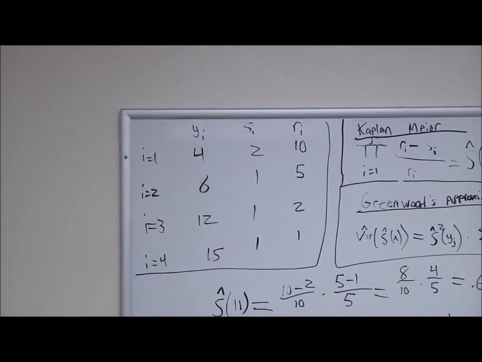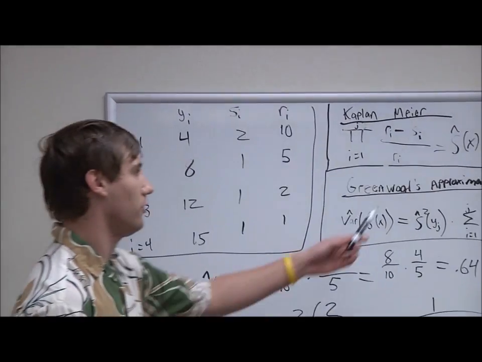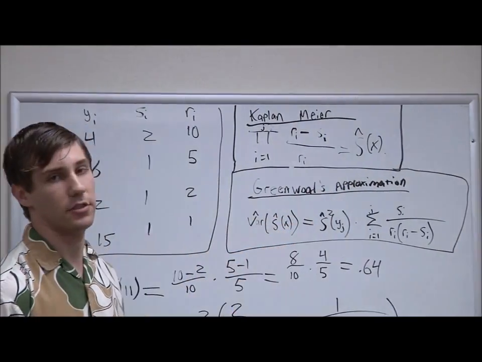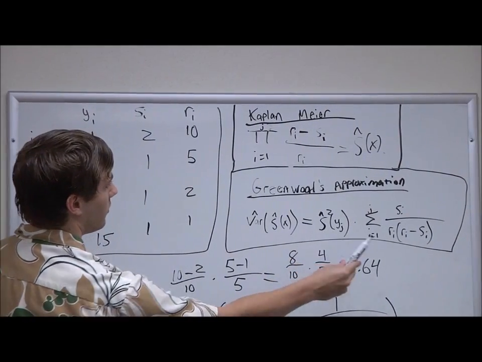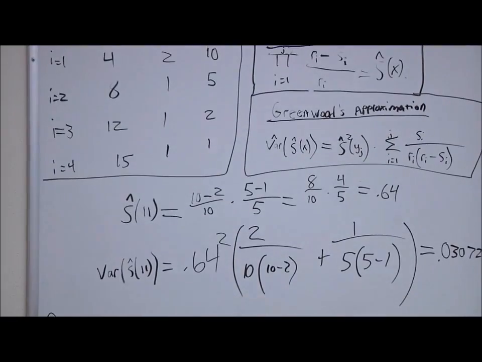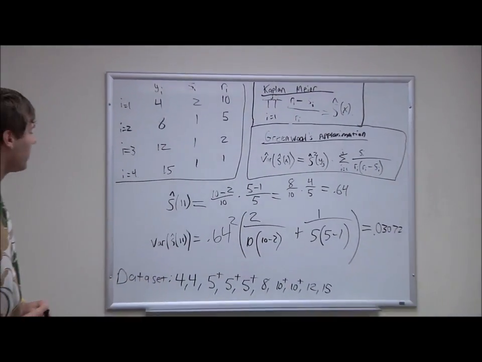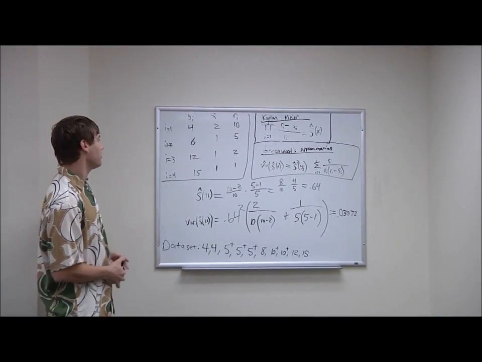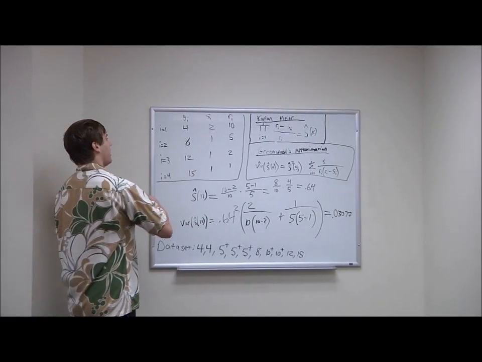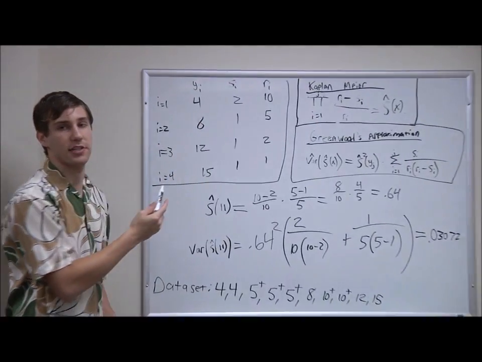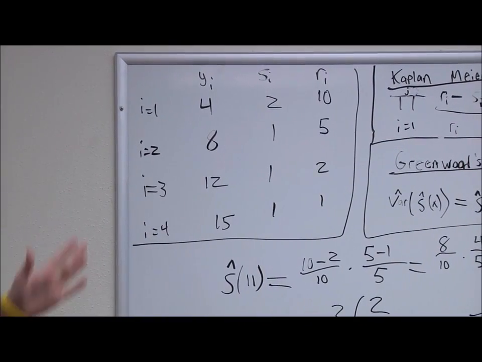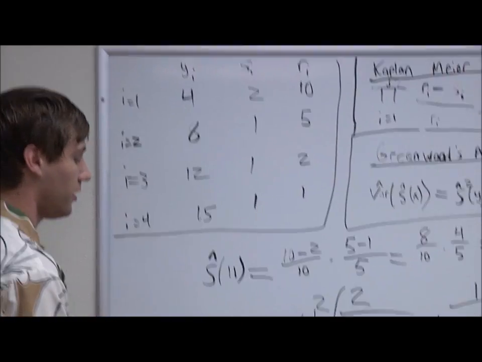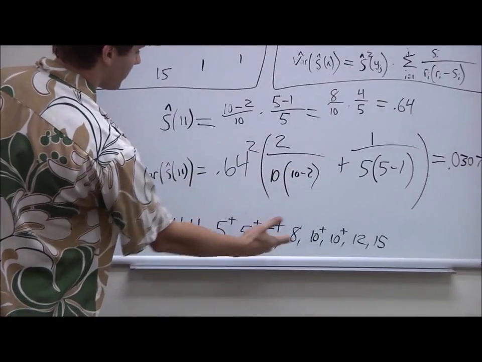And our goal is to solve for the estimated survival function of x, and then we're going to later use that function in our Greenwood's approximation. So what does all this mean? Well, first thing I did was I wrote down all our y_i, which will be all of our uncensored data. We need the uncensored data like that, and the 5s, the 10s.